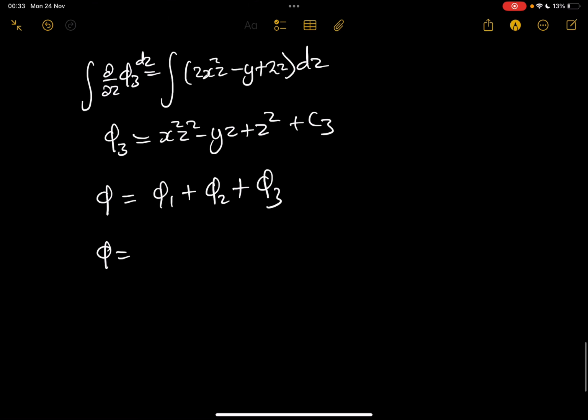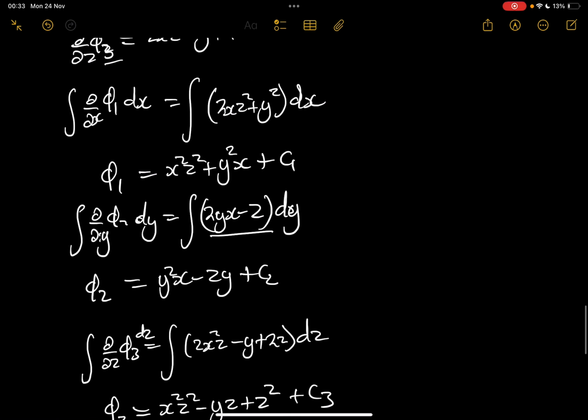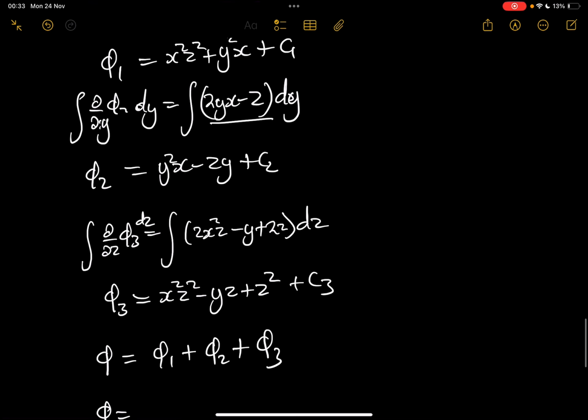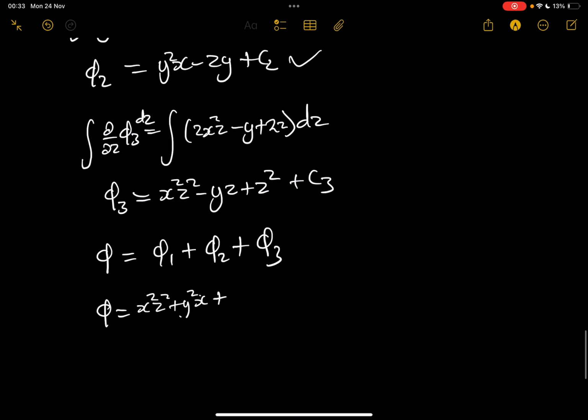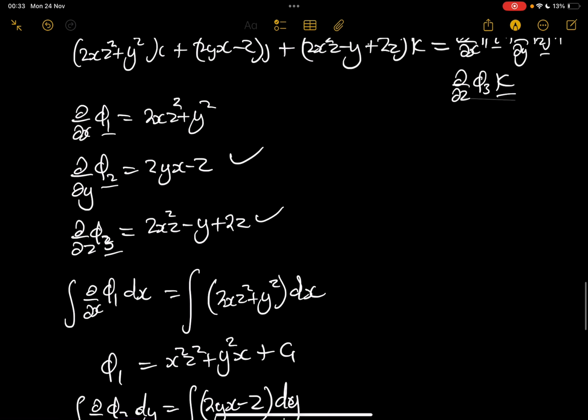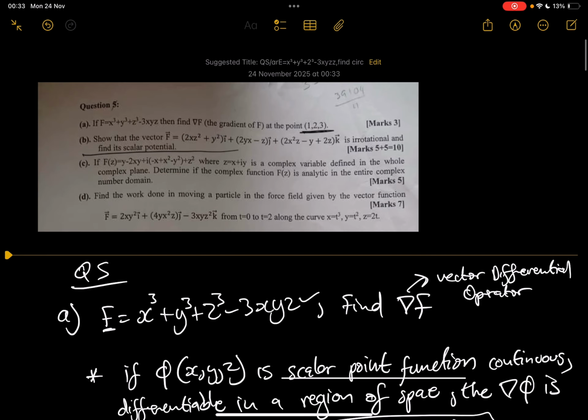So your final scalar function is x squared z squared plus y squared x, plus y squared x minus zy, plus x squared z squared minus yz plus z squared, plus c.